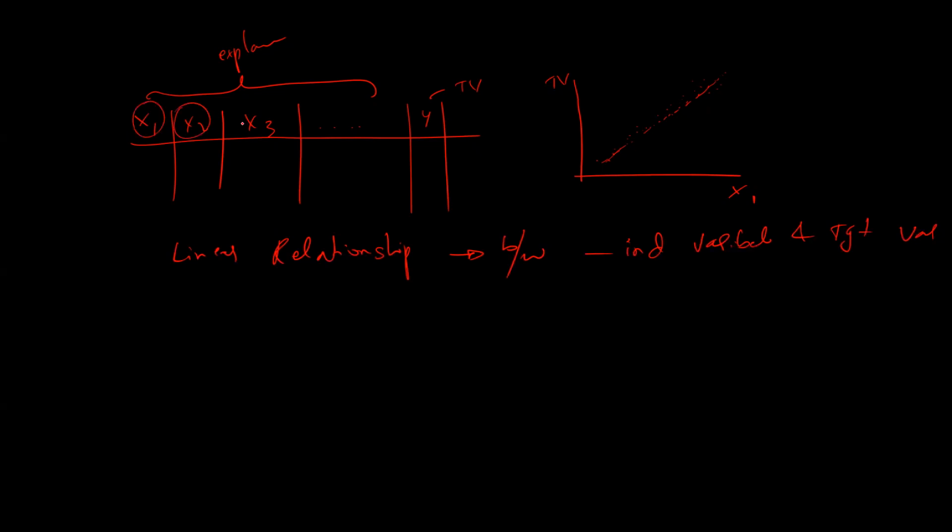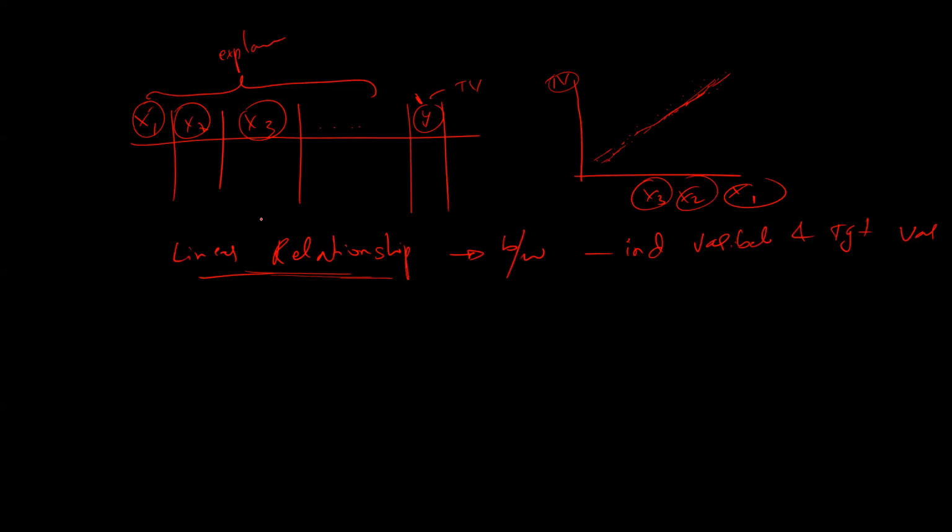These are your independent variables, correct? And this is your target variable. So if I pick x1 and y, I should get a linear relationship. If I pick x2 and y, again I should get linear. If I pick x3 and y, again I should get a linear relationship.